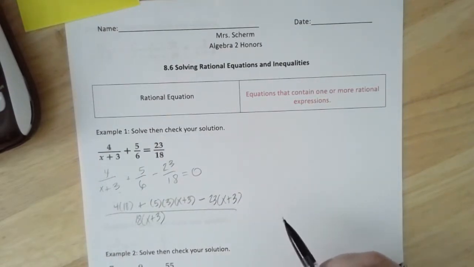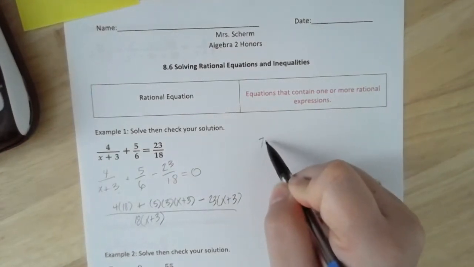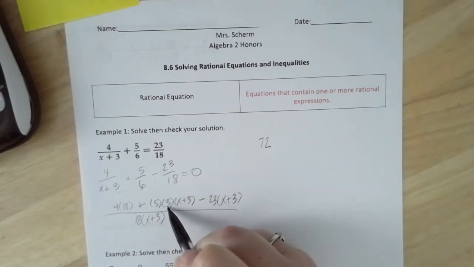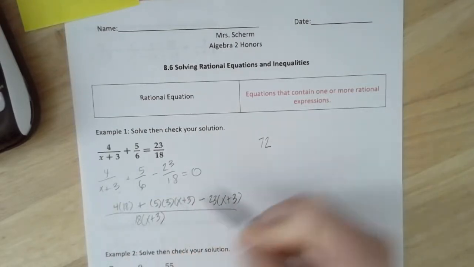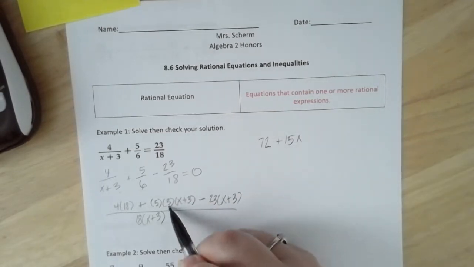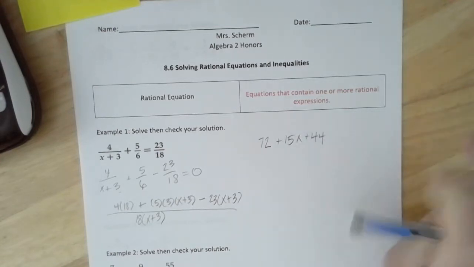Now we're going to simplify that math. 4 times 18 is 72. 3 times 5 is 15. 15 times x is 15x. 15 times 3 is 45, so plus 45.